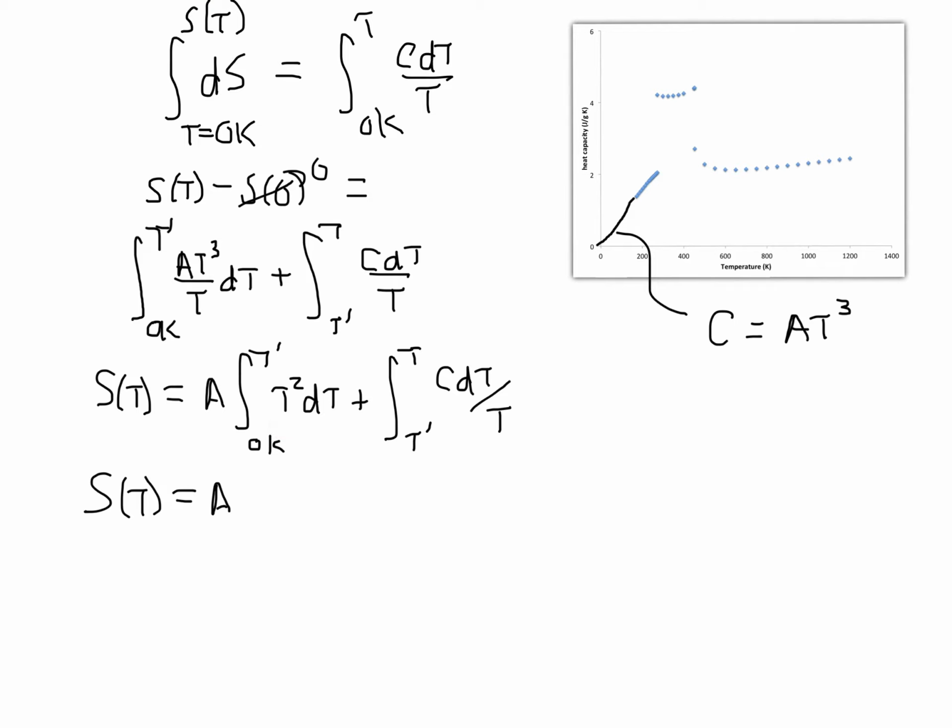When I evaluate that from 0 to T prime, I simply get A over 3 T prime cubed. And then I have to add from T prime to T the integral of the heat capacity over T for the measured values at the temperatures above T prime.